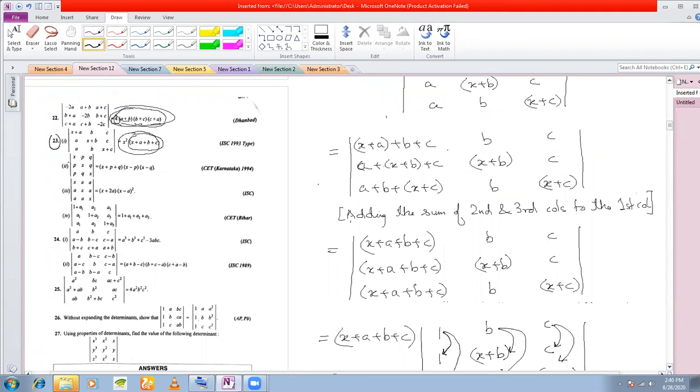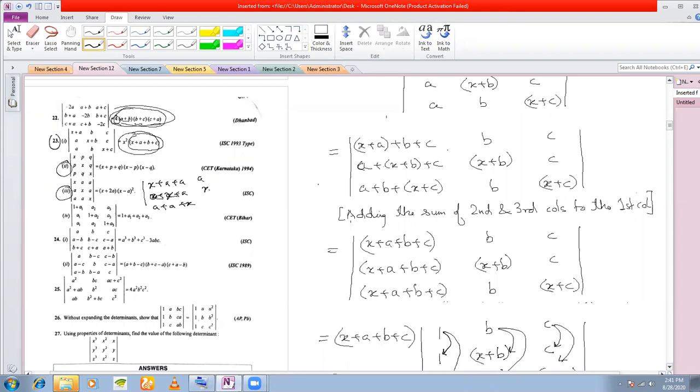23.2 is also a very similar problem. You take x plus p plus q, then you take x plus p plus q out. 23.3 is also a similar problem. What you do here is you add: x plus a plus a, or a plus x plus a, and you have a plus x, right?